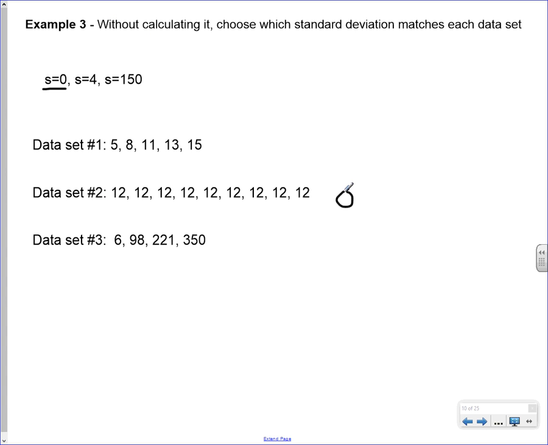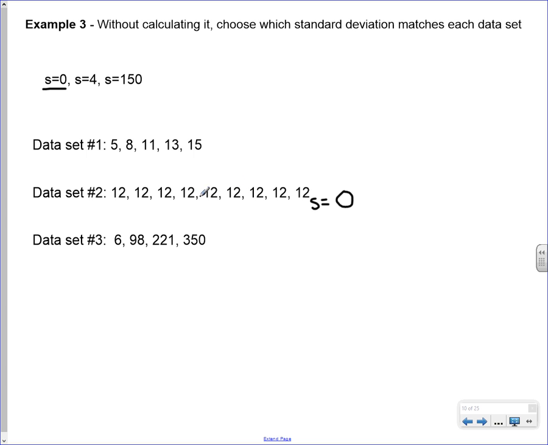Now, why is this a standard deviation of 0? Well, remember, standard deviation tells us how different our observations are, right? How much they vary. If they don't vary at all, like this data set, I mean, that would be a strange data set, but it's possible. You got a data set where all of them are the same, then the standard deviation is going to be 0 because there's no difference in each of the observations, okay?